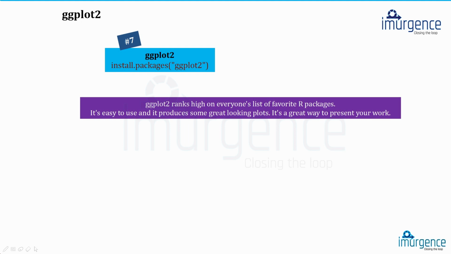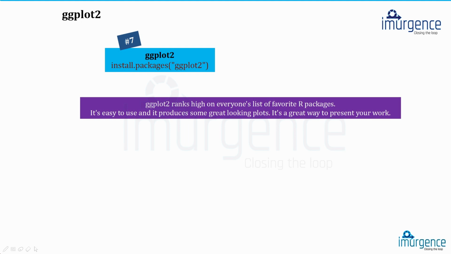The second one is lattice, which does a one-step execution all at one time. So what happens in base R, you will write one at a time on the graphic device. In lattice, you write all at one time, but the disadvantage with lattice is once you write, you cannot correct it. But ggplot gives you the strength of lattice as well as the strength of graphs which is available in the base package.